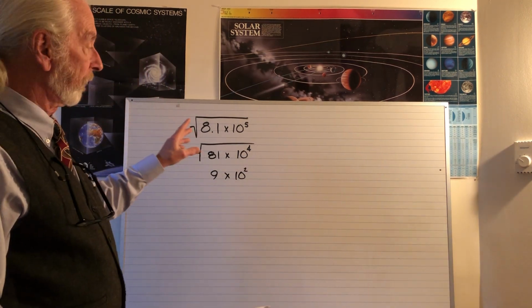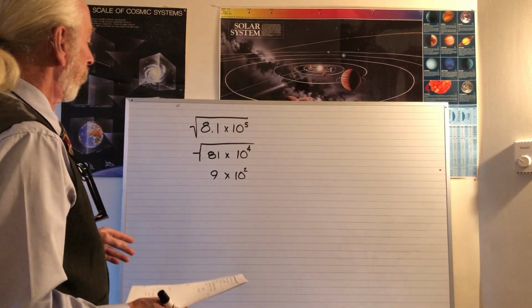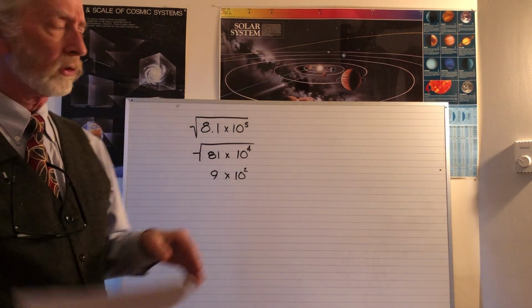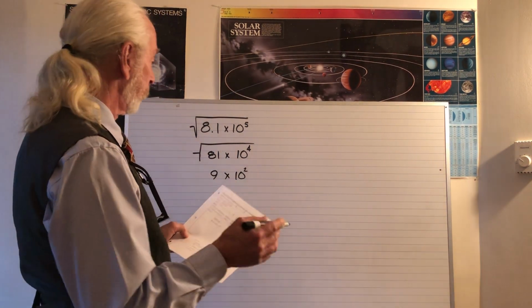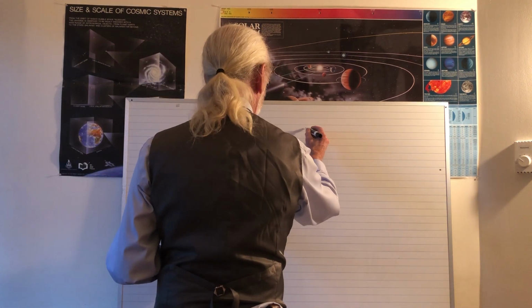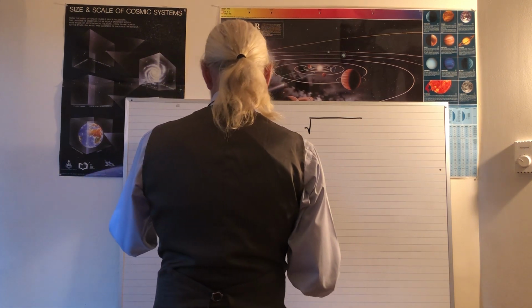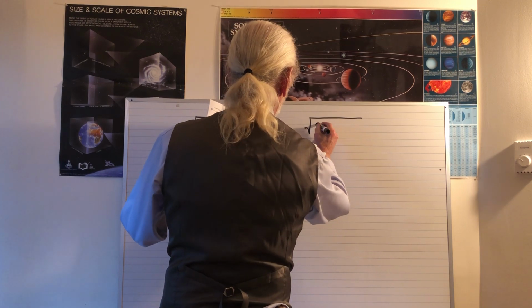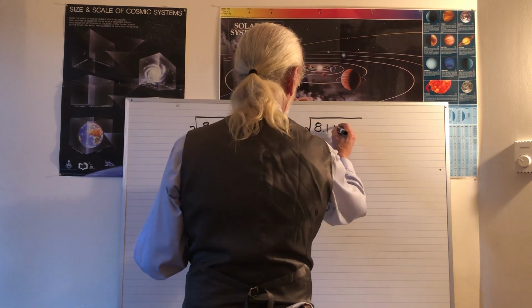Now I want to show you something here that's going to have relevance down the road. What would happen if we didn't cheat? How would this get managed? Well, let's do this one just so you can see a comparison. So we'll start with our original problem. We've got 8.1 times 10 to the 5th.